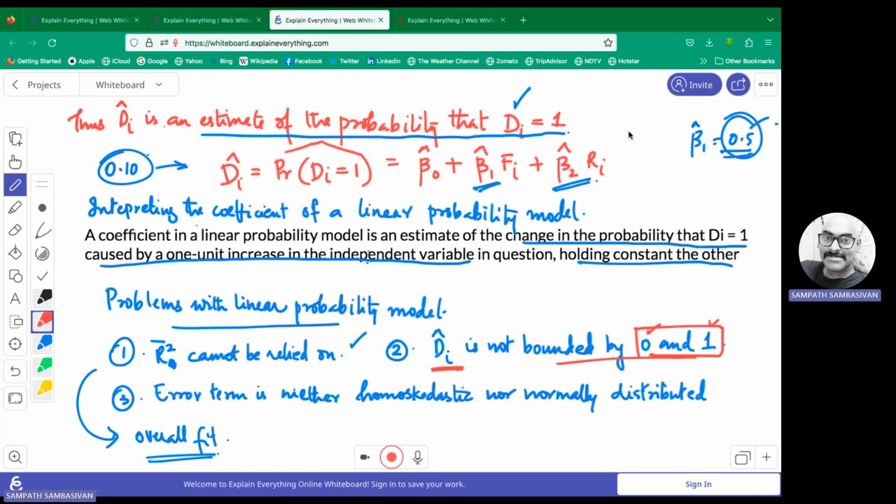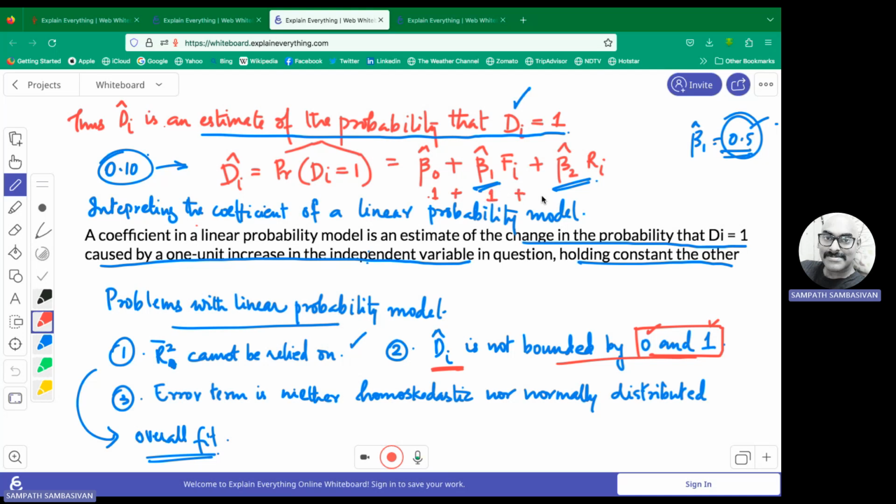For example, consider this equation that I have written down here: beta 0 hat plus beta 1 hat FI plus beta 2 hat RI. Let's say that the estimated values of all of these components are equal to 1 each. Just a very hypothetical case. So then what would it mean?